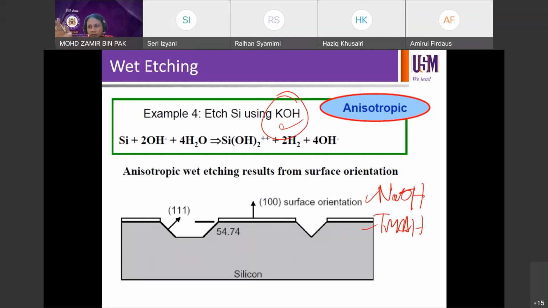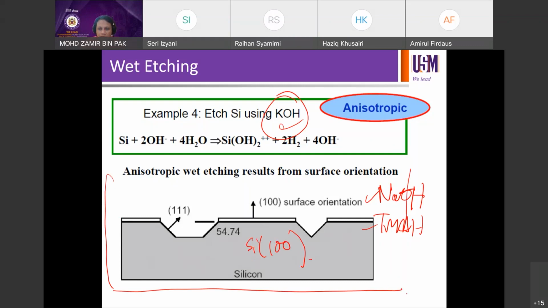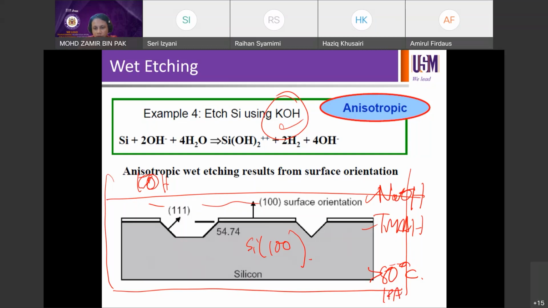It means it has a higher etch rate in one particular direction with respect to the others, and that doesn't say that you can only have one direction and not others. So that's why if you look at this, you use a silicon 100 wafer, when you immerse it in a chemical bath, with liquid chemicals inside, say containing KOH, which is anisotropic at some temperature, typically above 80 degrees C. Okay, you can also add IPA if you want to.